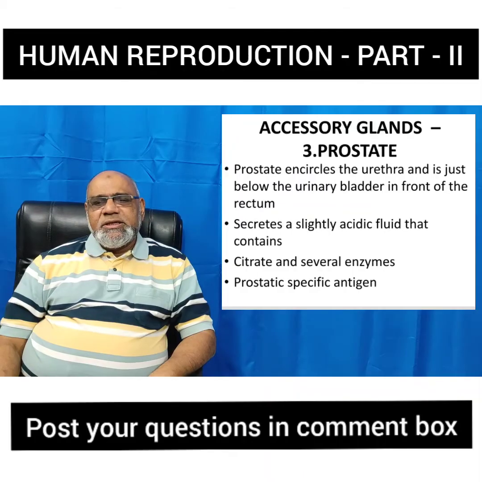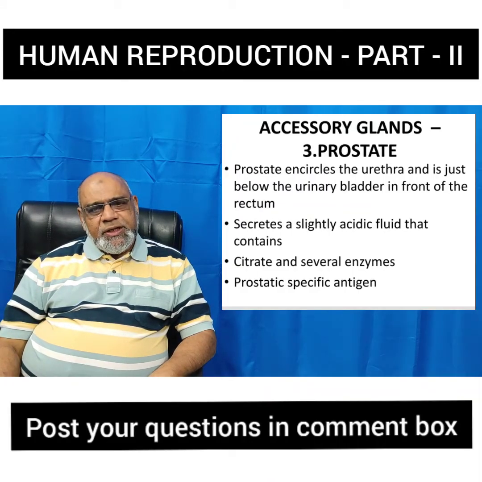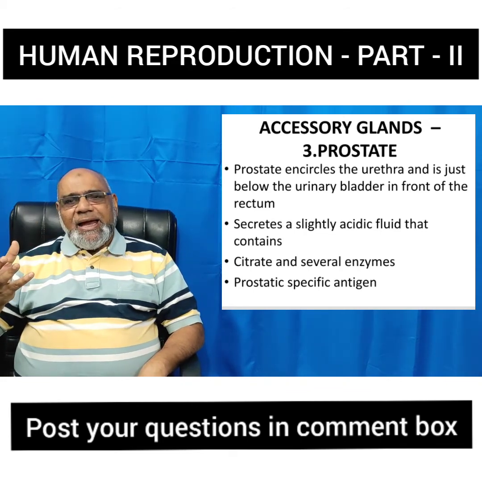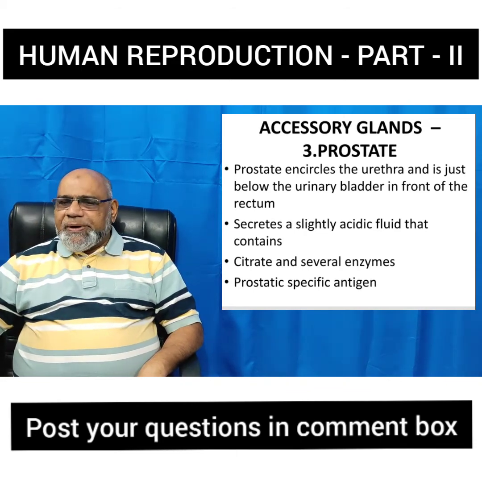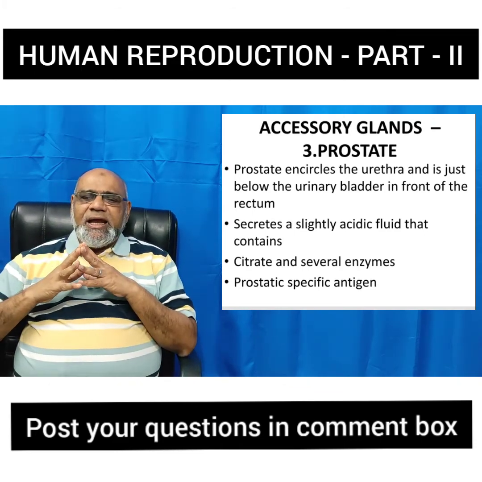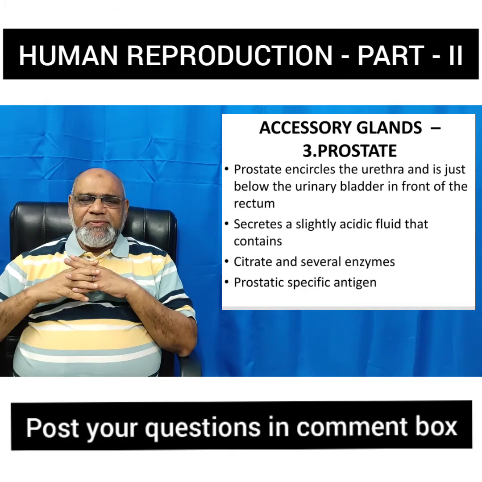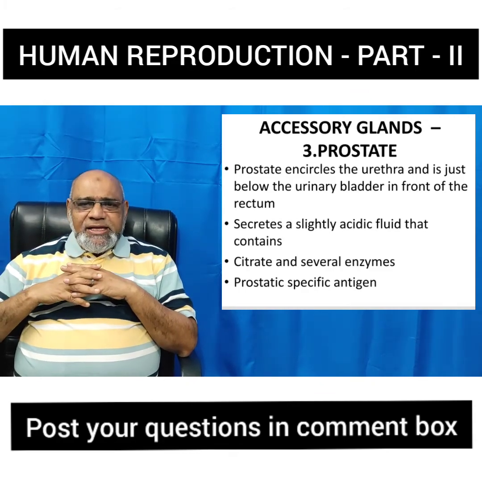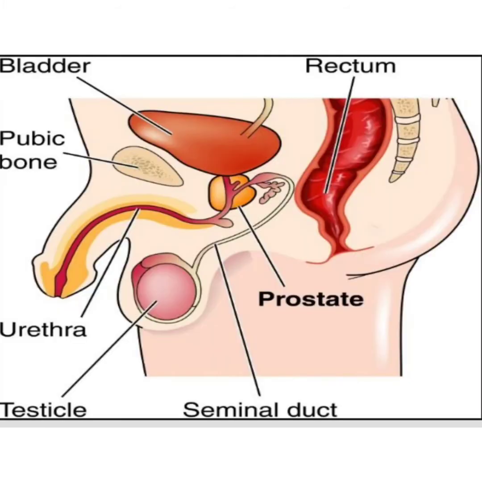Now what is the prostate? It is a gland that is present below the urinary bladder, present in front of the rectum. It secretes an acidic fluid and it contains citrate and several enzymes. It also contains prostatic specific antigen.